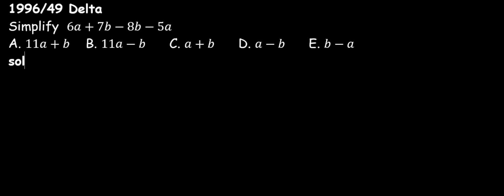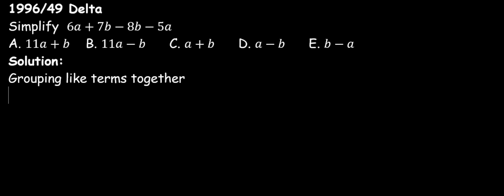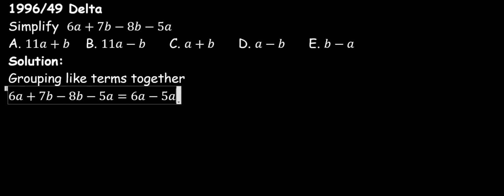Solution. Grouping like terms together. 6a plus 7b minus 8b minus 5a will be equals to 6a minus 5a plus 7b minus 8b. And our result will be a minus b.